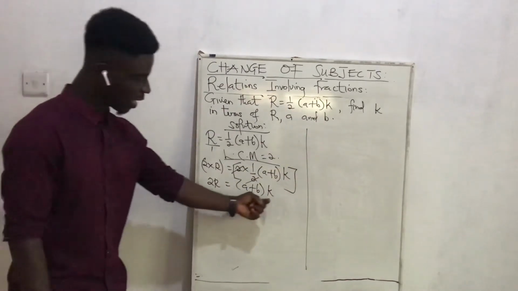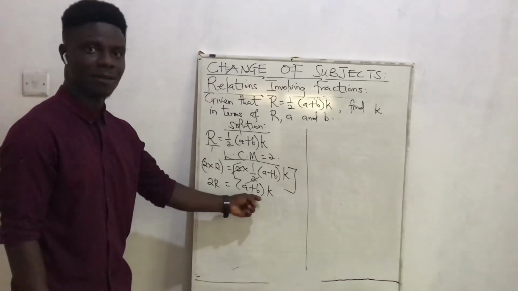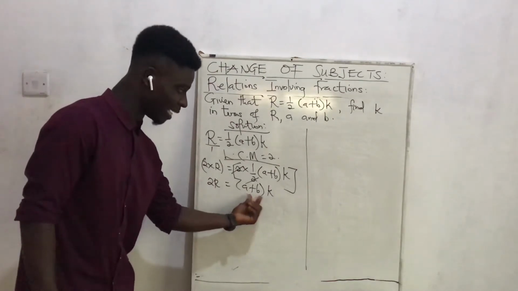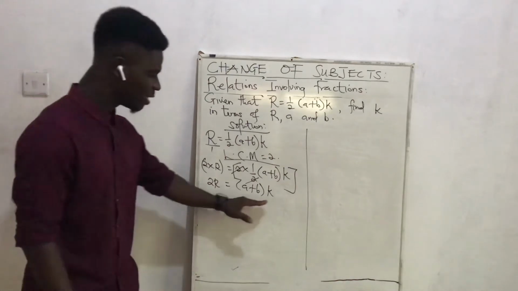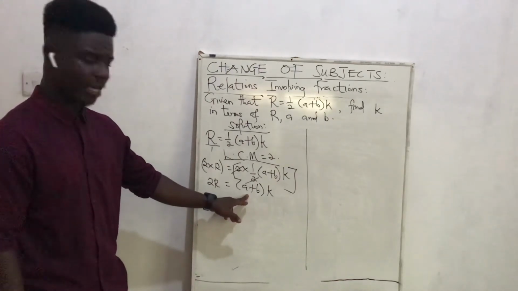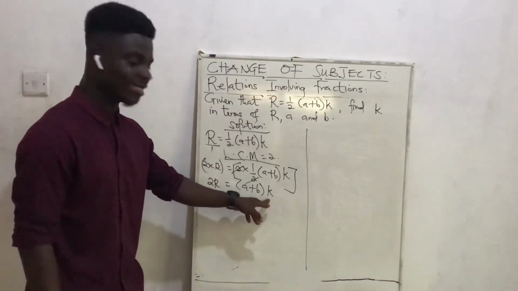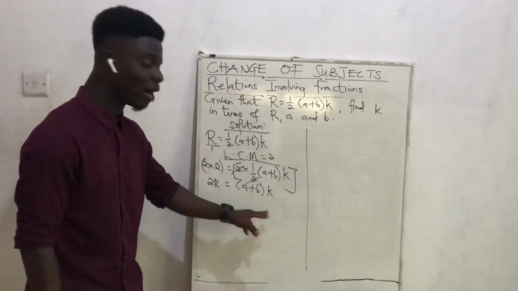So now we have k here, right? K is multiplying this expression a plus b. Since a plus b is multiplying k, I can divide both sides by a plus b, because they are together.